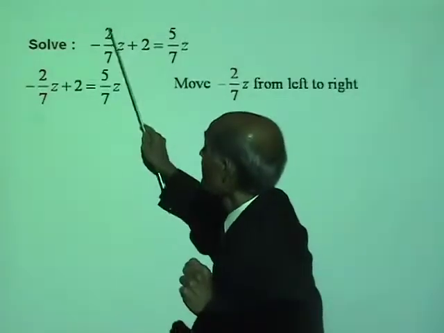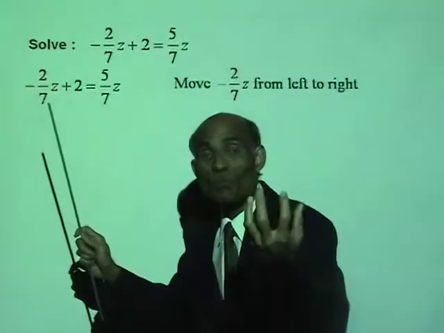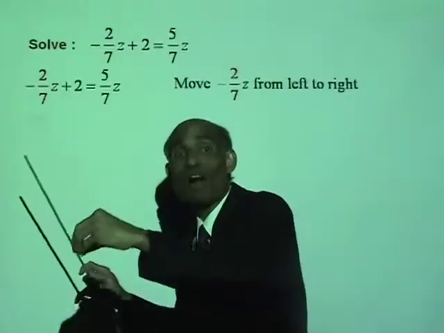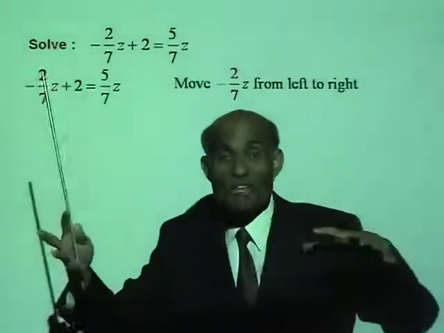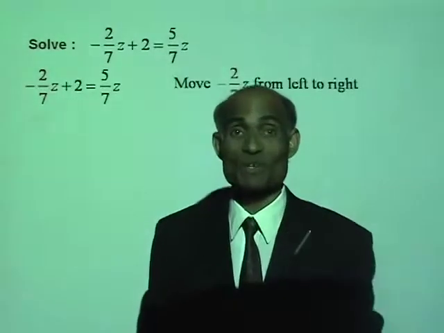Because the variable on the left is a negative term. If you move it to the right, it becomes positive, so that everything in the equation becomes positive. And that makes it easy for us to solve it.